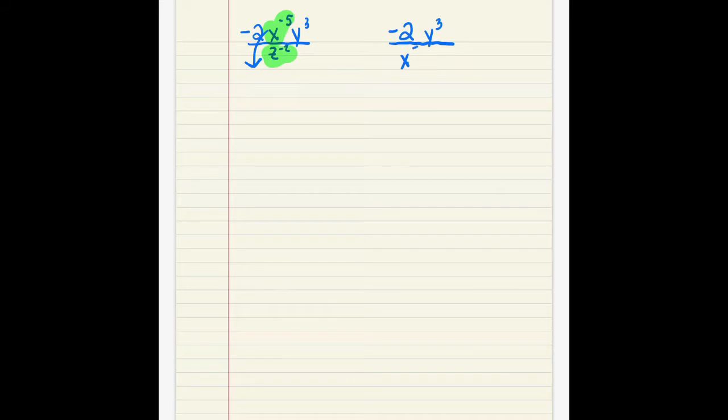So by moving x to the -5th to the bottom, it's now going to be x to the positive 5th. The opposite way, z to the -2nd needs to become a positive exponent, so we're going to move that up to the top. So now on top we'll have z to the positive 2nd. Since none of these bases match and -2 can't multiply or divide with anything, this is our final answer for this one.